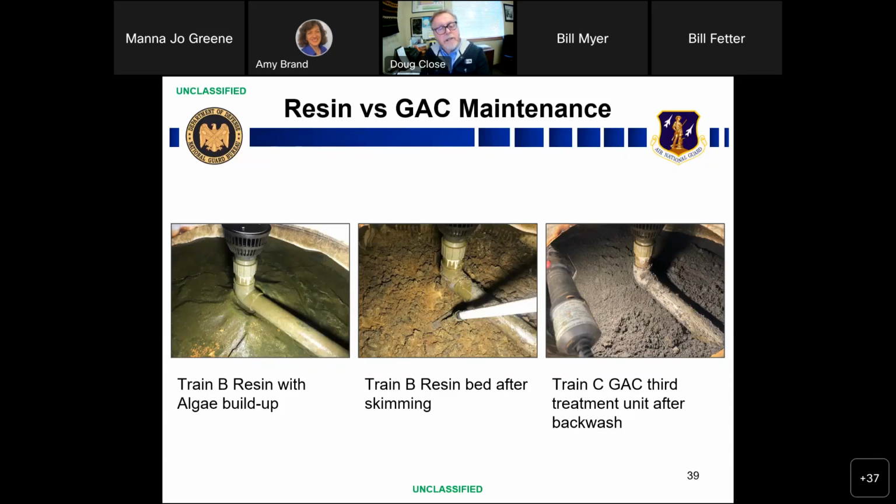So that's a limitation of that resin type material in the final vessel or the polish position, as compared to the right-hand side photo where you see train C that had all GAC. This is after a backwash. So we automatically hit the backwash, we process that.